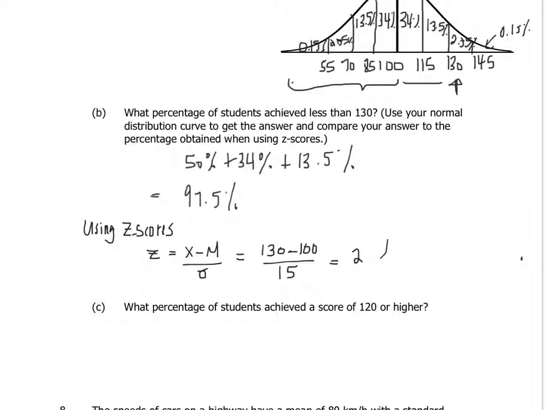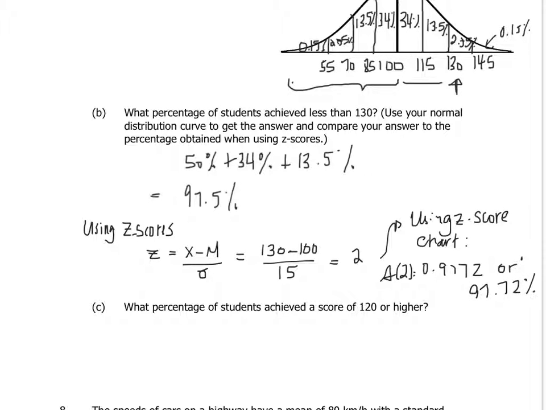So if we look up 2.00 on the chart, we get 0.9772. So A of 2 would be 0.9772 or 97.72%. So you can see that it's very close, 97.5 versus 97.72%.